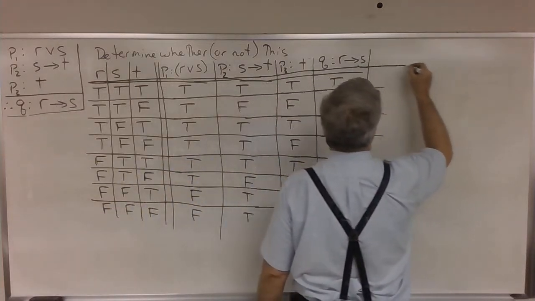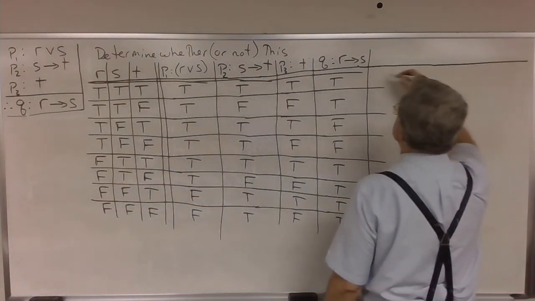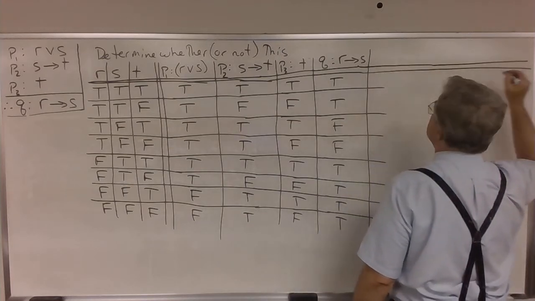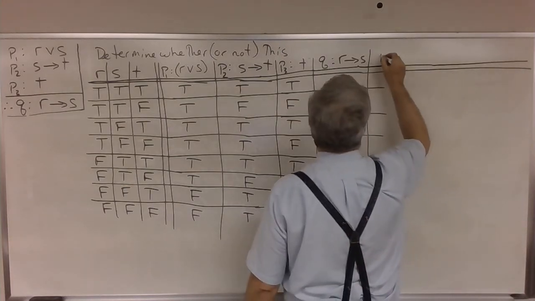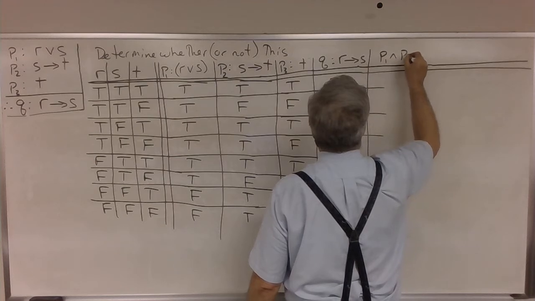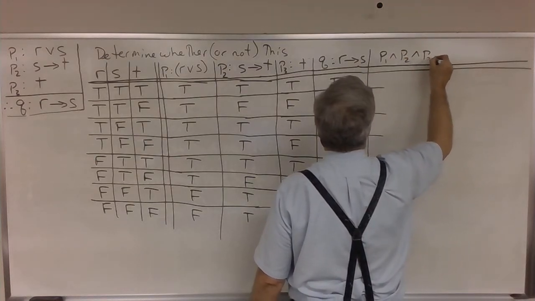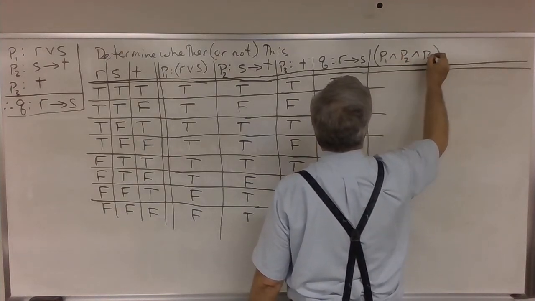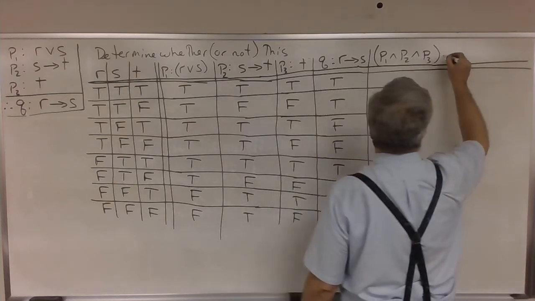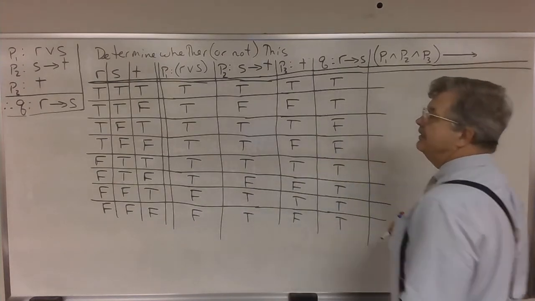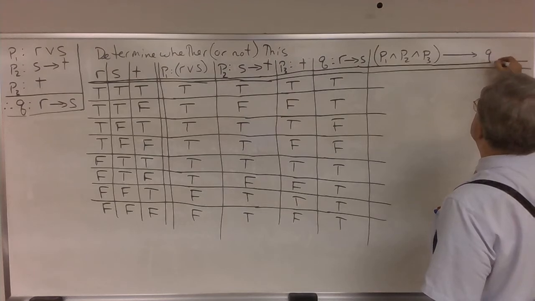So we're ready to put all of these things together to form the argument: P1 and P2 and P3, the conjunction of the premises, implies the conclusion, Q.